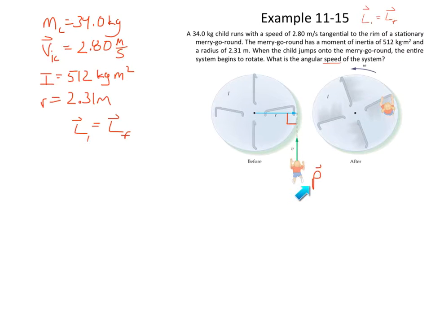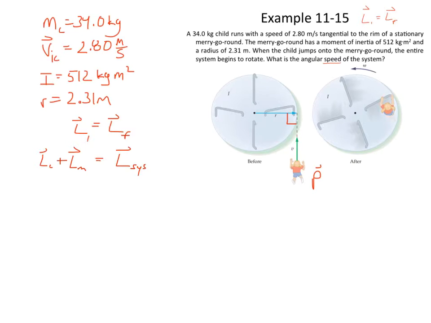Well, this means then that the angular momentum of the child plus the angular momentum of the merry-go-round has to equal the angular momentum of the system after that collision. Momentum is conserved, and so all the momentum initial has to add up to all the momentum final.